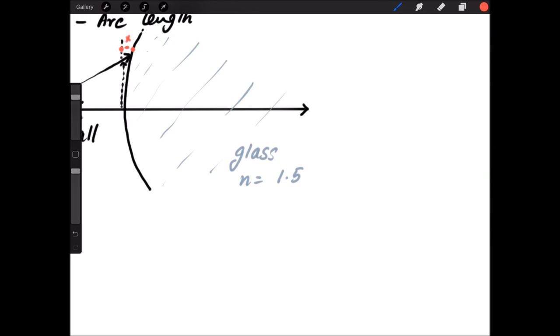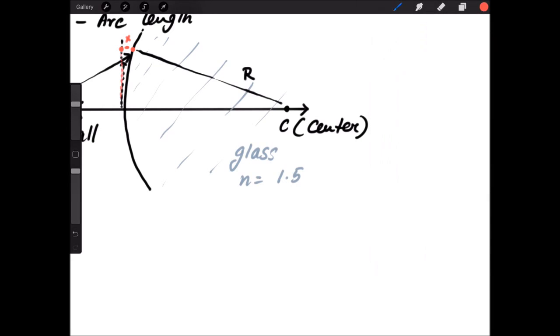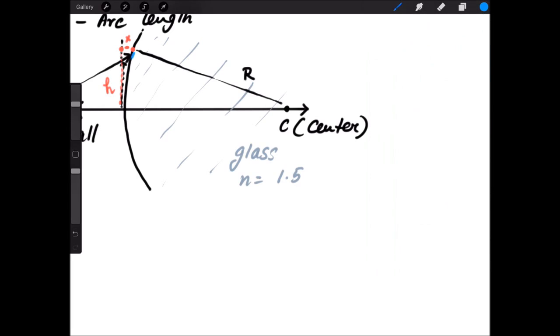Why this is important is because if you do a little bit of geometry and assume, say, this is the center, so this is essentially your radius of curvature. So now let me mark this height as h and this arc as s.